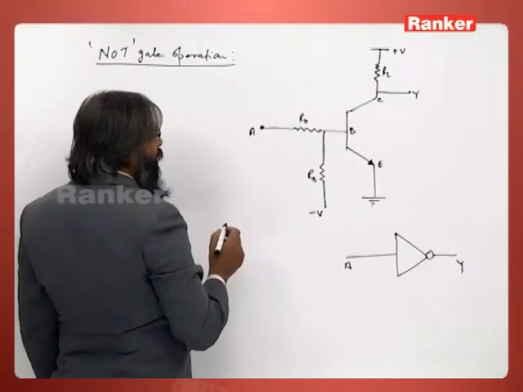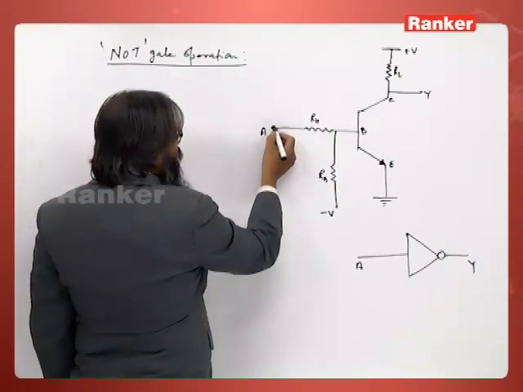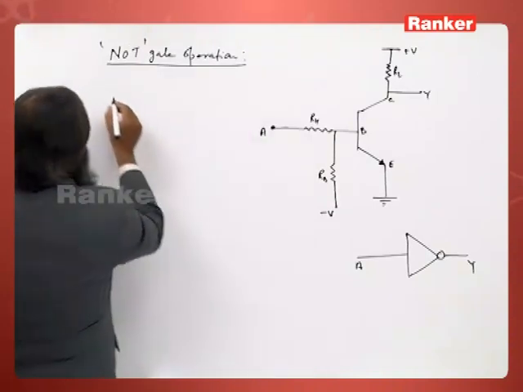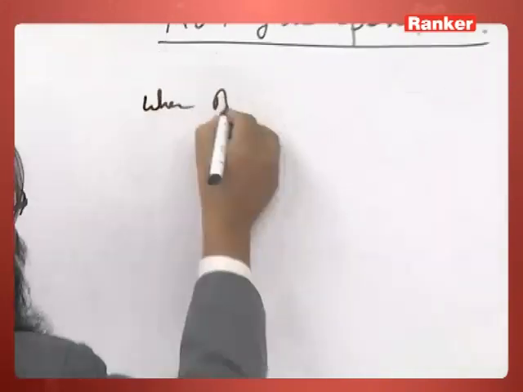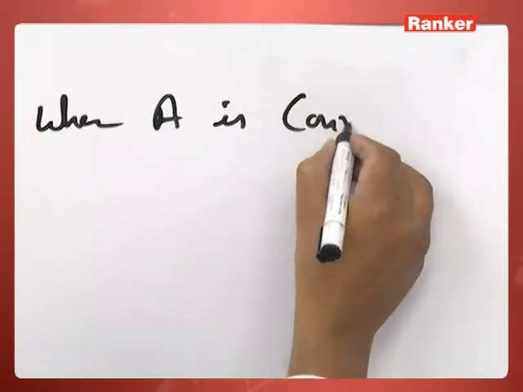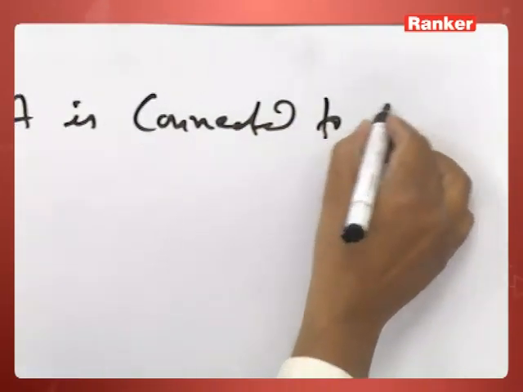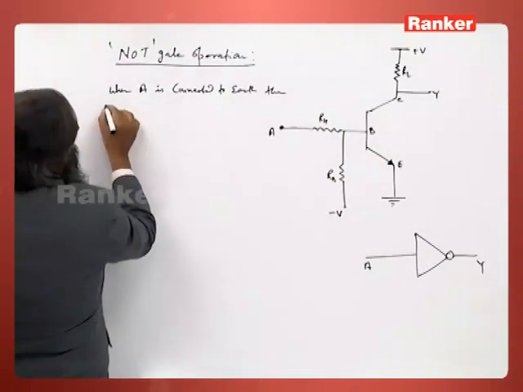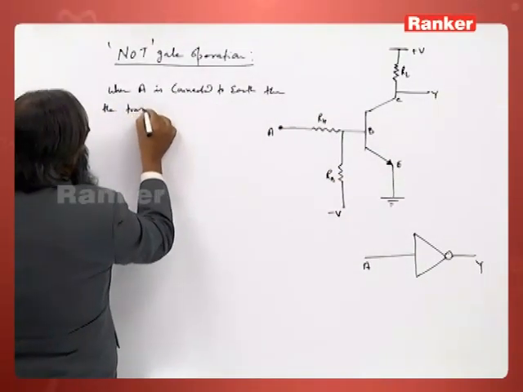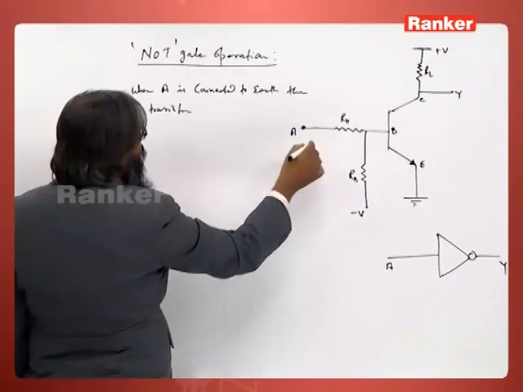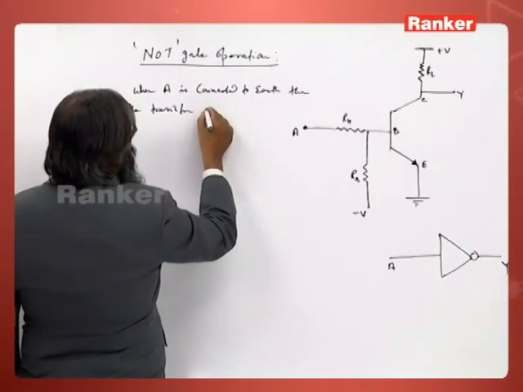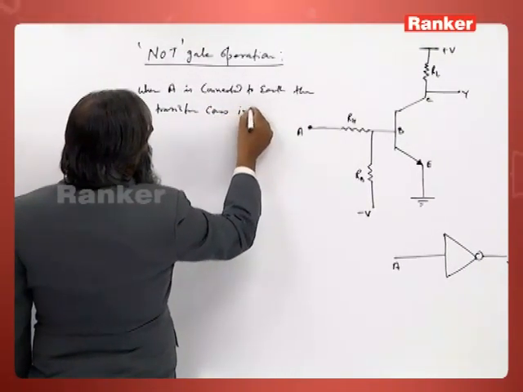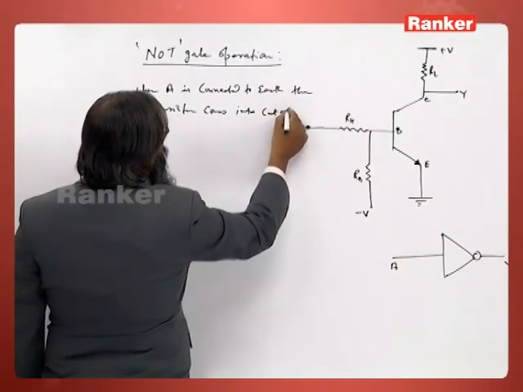Now when A is connected to earth, then the transistor comes into cutoff mode.